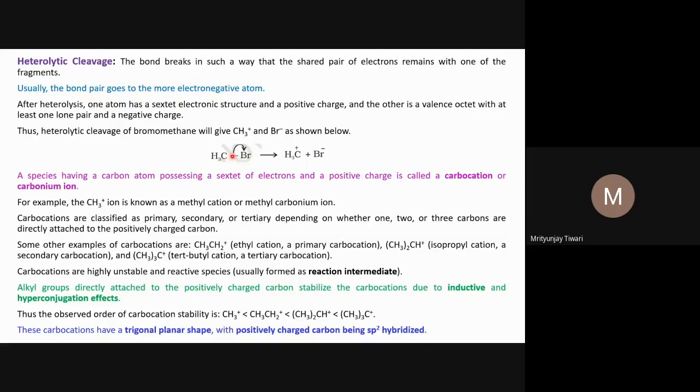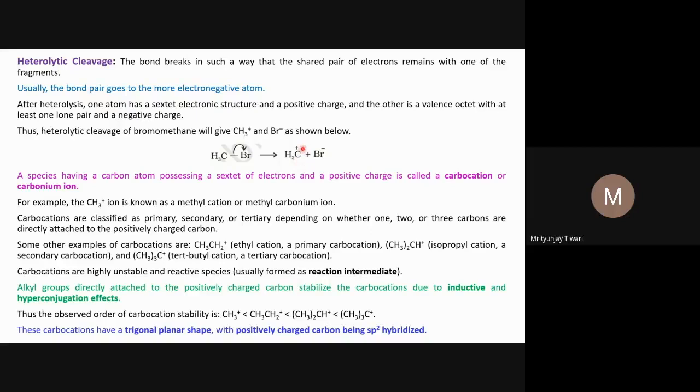In this example, the heterolytic cleavage of CH3Br, which is bromomethane, what do we see? Bromine's electronegativity is more than that of carbon, and so both the electrons of the shared pair shift towards the bromine, so bromine attains a negative charge, and the CH3 fragment contains a positive charge.